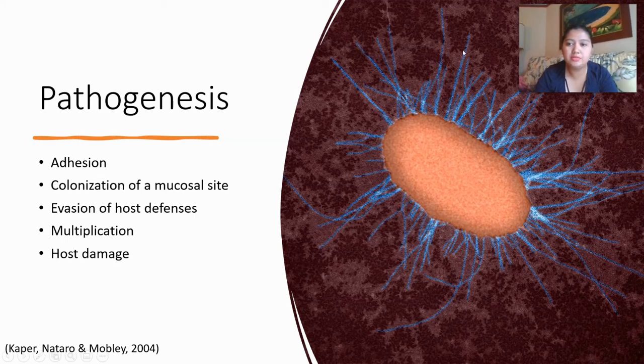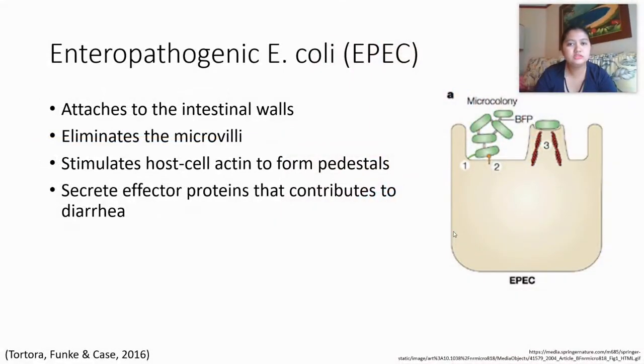I mentioned earlier about the fimbriae. Here, these blue structures are the fimbriae, and they use that as a way to latch onto their host. So here's the first one, enteropathogenic E. coli. They attach to intestinal walls, they eliminate microvilli, they stimulate the host cell actin, and then secrete effector protein.